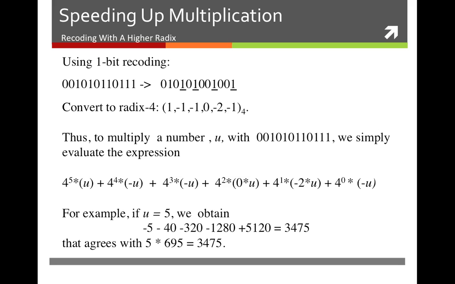And so anything that we want to multiply with this multiplier operand, which would be the original sequence here, can now be done by this process. As you can see, you have the operand u multiplied by powers of 4, because we have digits that range between -2 and +2, and that means we have our radix set to 4 with -2 included in the representation.